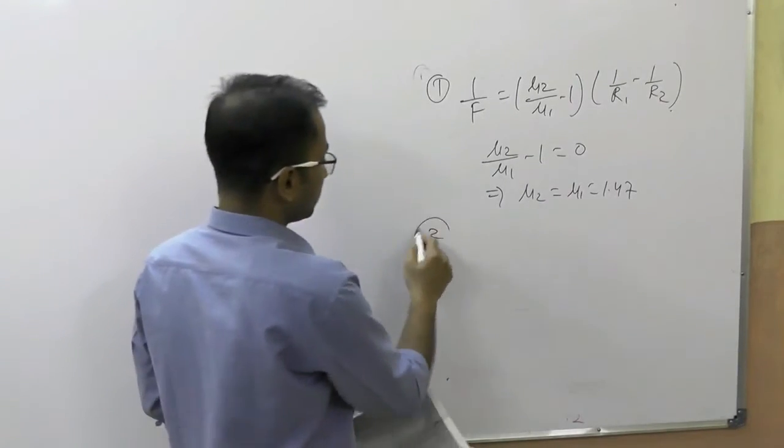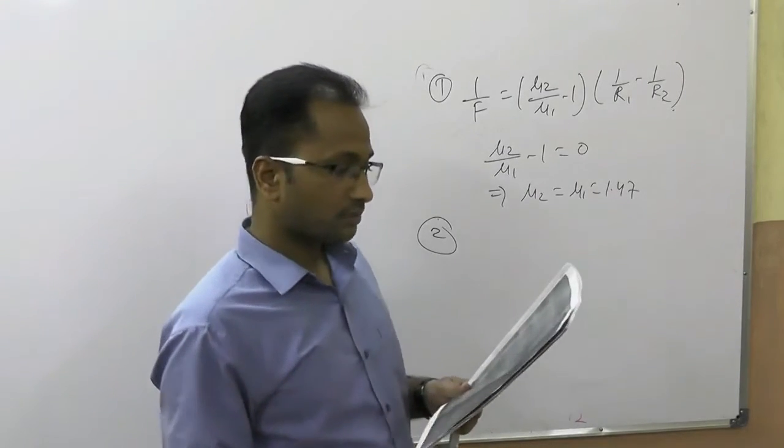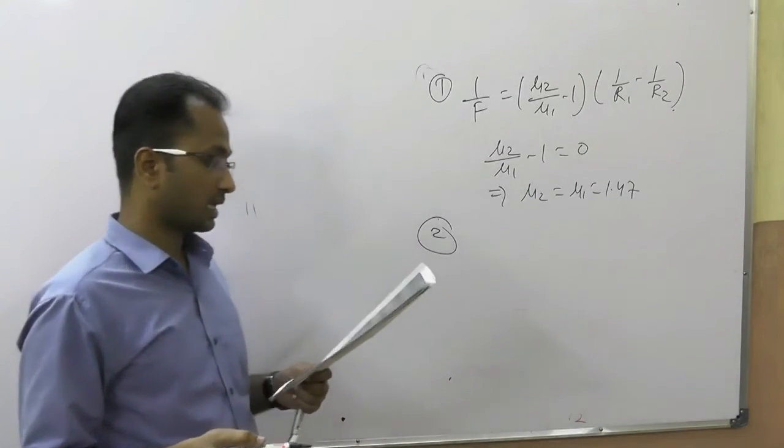Okay. Now next question. These are objective questions. For a glass prism, the angle of minimum deviation will be the smallest for the light.